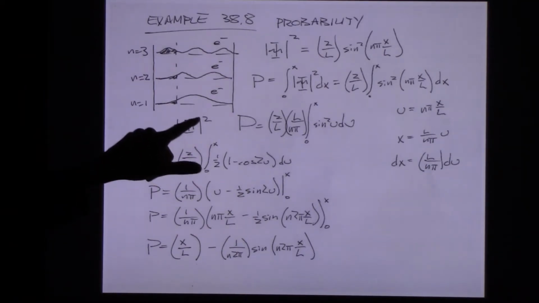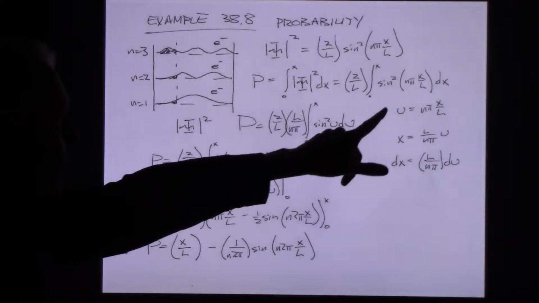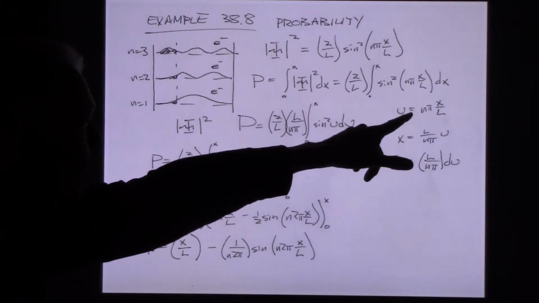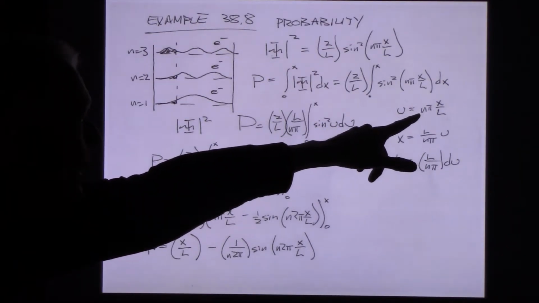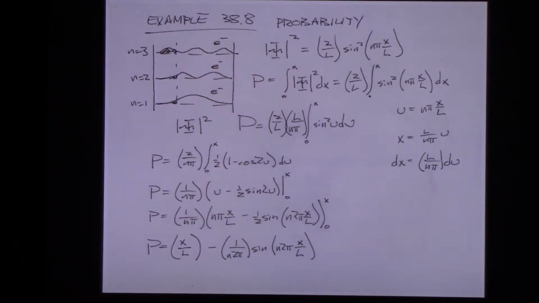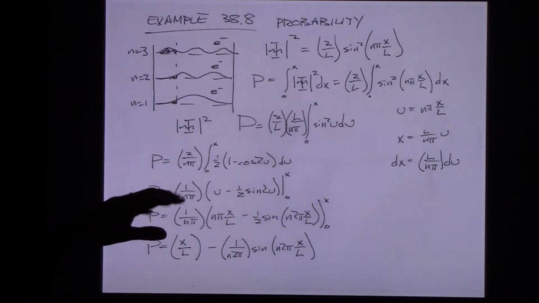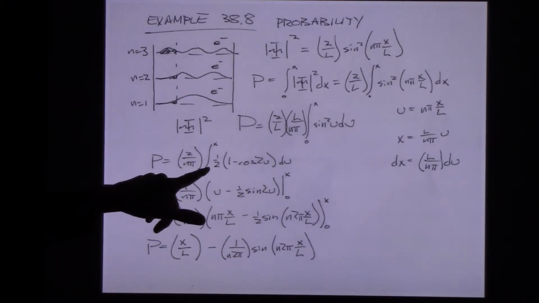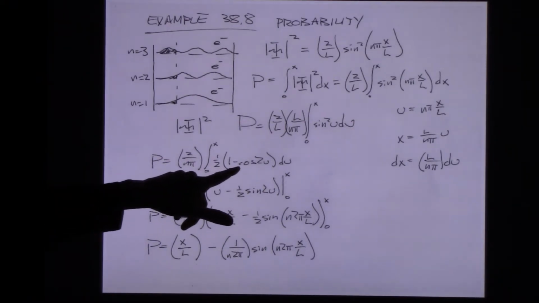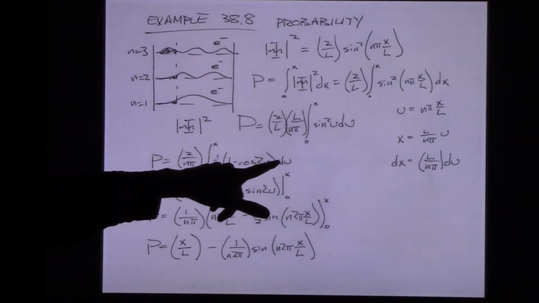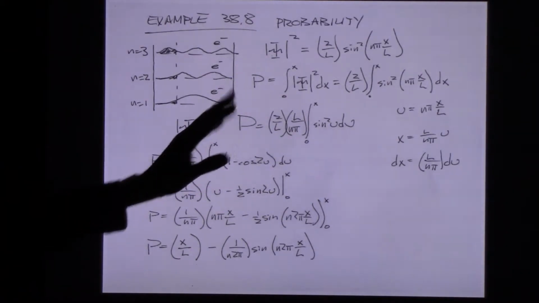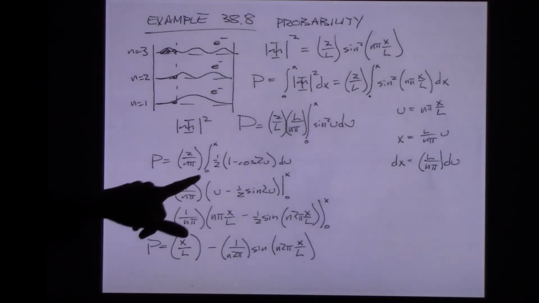Now, when I say x, what I really mean is to a u value of n pi x over L. So I'll be substituting that back in at the end. So let's see, this is 1/2 (1 minus cosine of 2u) du. I think we got everything. And so the 2's canceled.